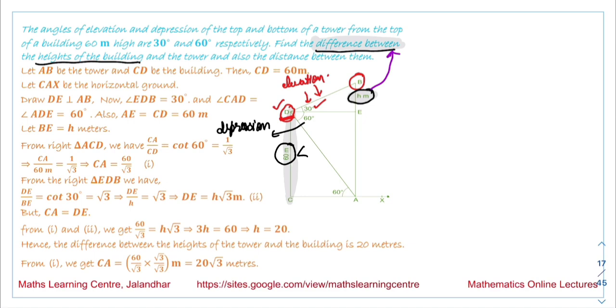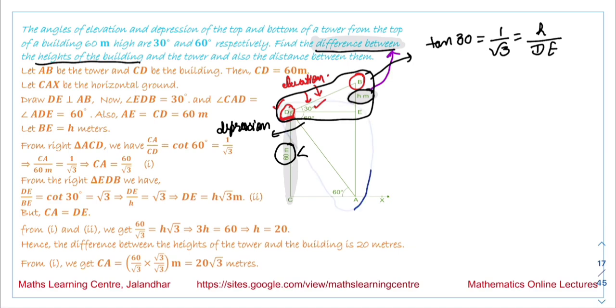Now we are talking about two triangles. First the triangle DEB. In this triangle tan 30, that is equal to 1 by square root 3, is equal to h over DE.